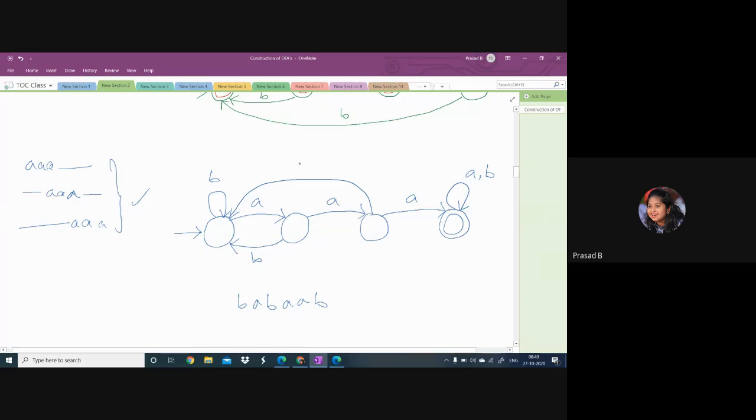So this is for B. Now from initial A goes to second, from second A goes to third, and from third A comes, yes, we have three A's, go to final. After that, for any combination, stay in the final. So this is the diagram for substring. Remember this point: substring means we go to final and stay forever in the final.